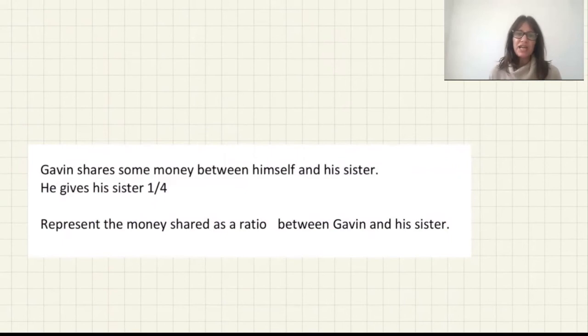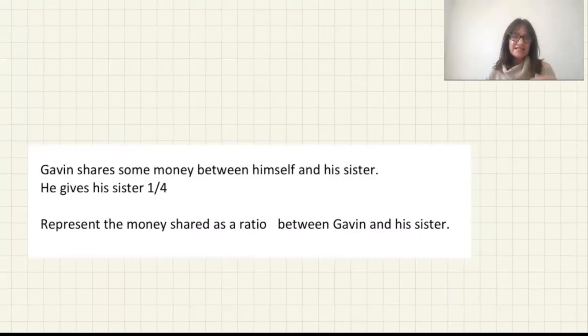So Gavin shares some money between himself and his sister. So the first thing that's off-putting is we don't know how much, and we feel often that that's important. But when we keep reading, he goes on to say he gives his sister a quarter. And then we've got to represent the money shared as a ratio. So we don't actually have to represent the money itself. So let's just think about what he's telling us.